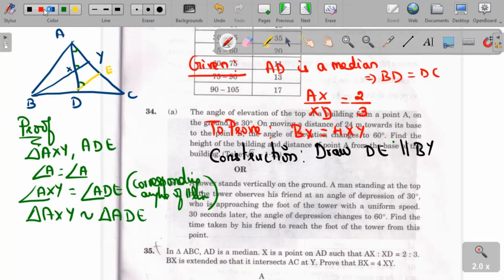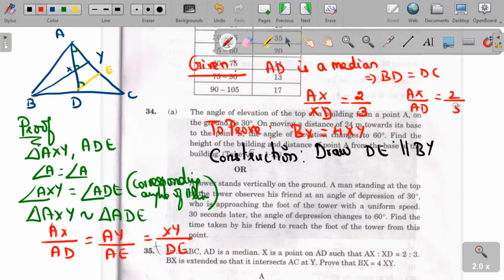So according to similarity, let's write the proportion. AX divided by AD will be equal to AY divided by AE will be equal to XY divided by DE. Now AX by XD is given. So it can be rewritten as AX by AD will be 2 divided by 2 plus 3, which will be 5.